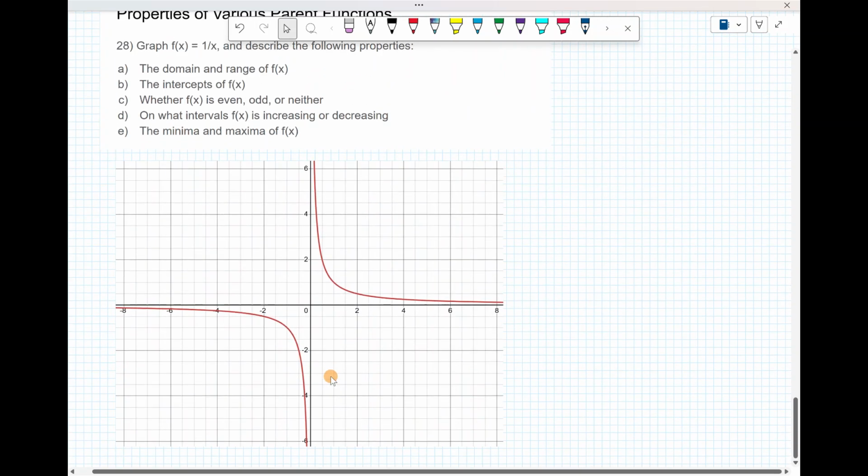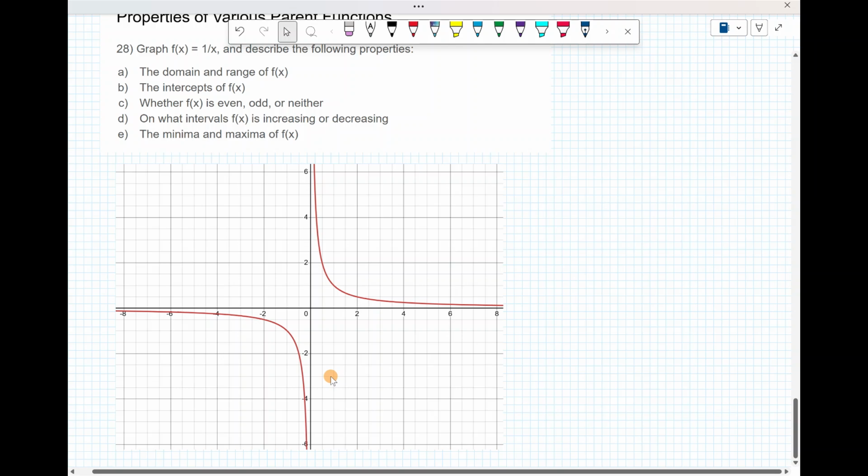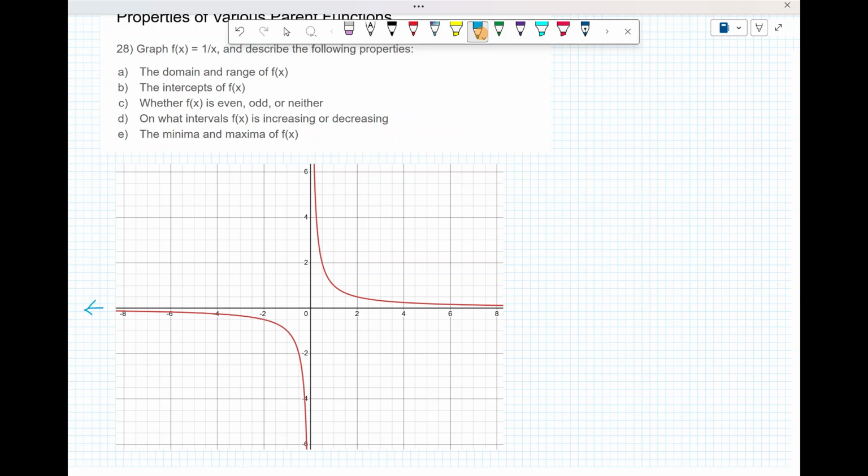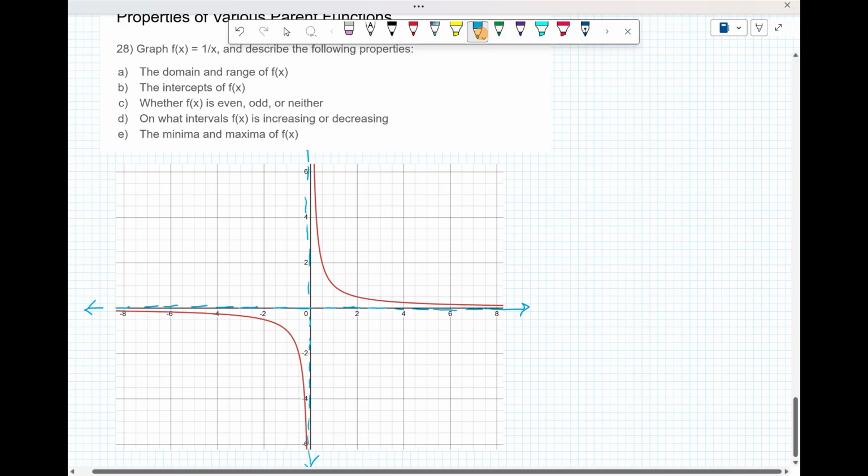Now, this is an interesting function, a little bit different than some of the others. Domain and range. Well, let's just note at the very beginning that this function has two asymptotes. The graph gets closer and closer to the x-axis, but it never crosses the x-axis. And similarly, it gets closer and closer to the y-axis, but never touches it.